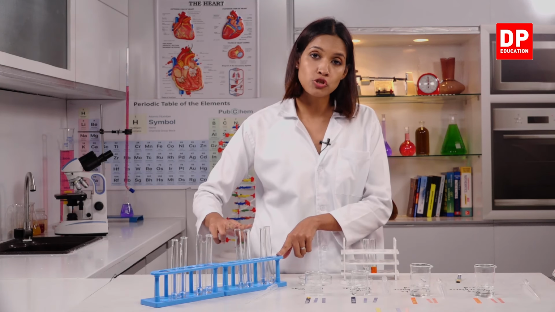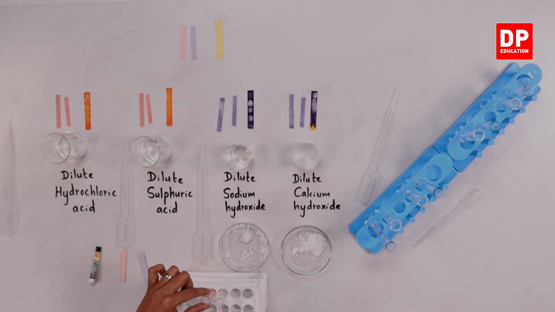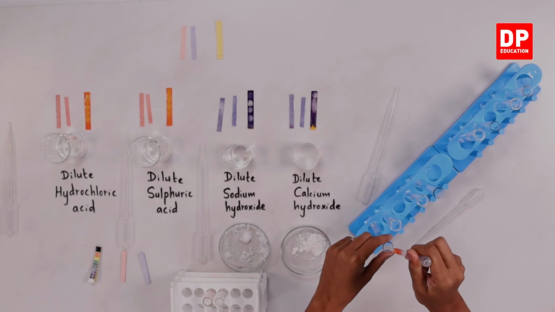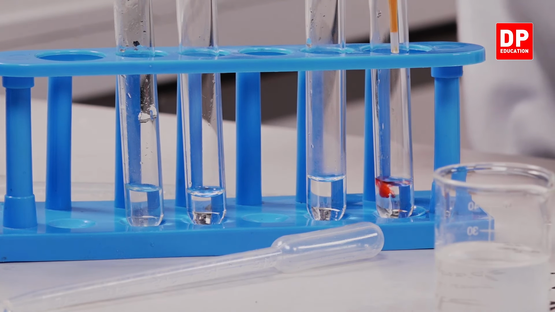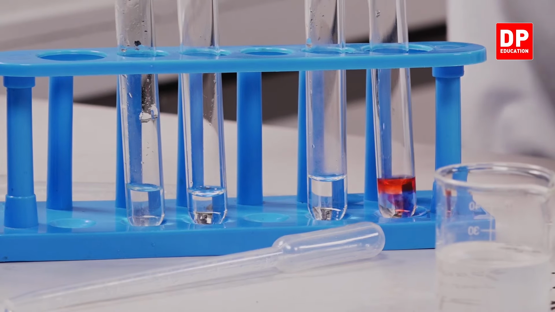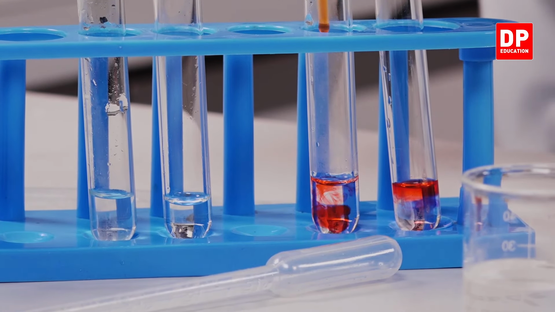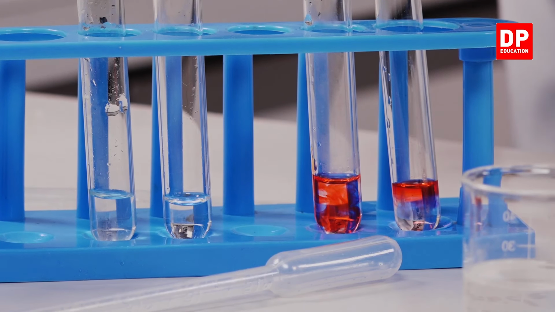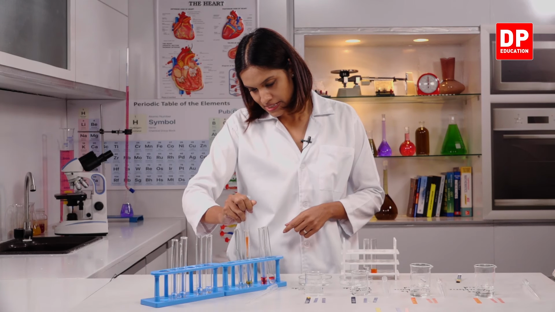Two acids and two bases. First of all, I am going to take this methyl orange indicator and put 2 drops into each of these test tubes. Observe carefully what happens. It clearly changes the color.